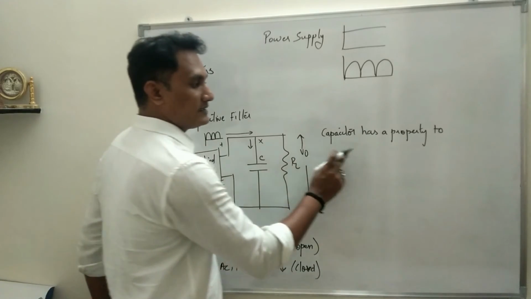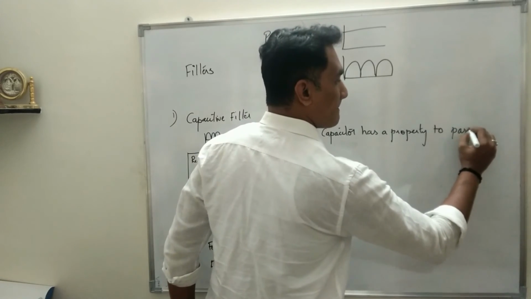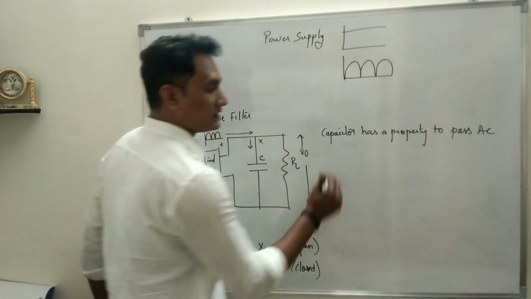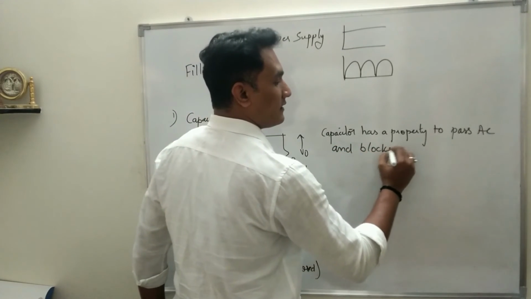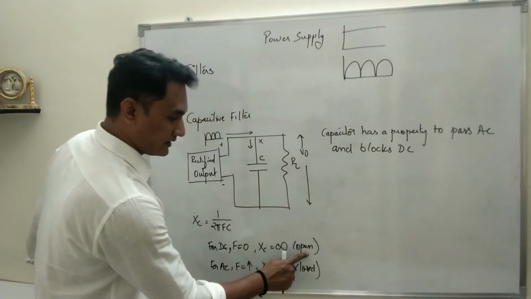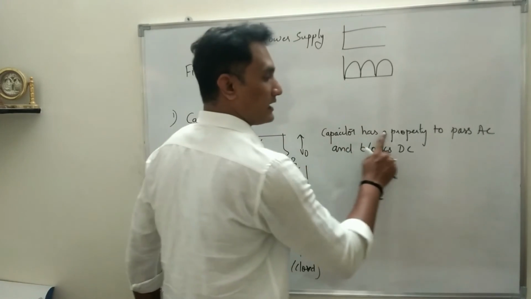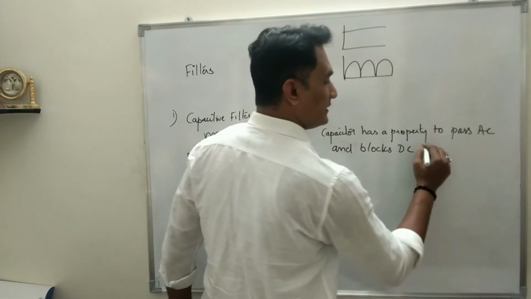So the capacitor has a property to pass AC. For an AC signal it is acting as a closed switch and blocks DC. It acts as an open circuit, infinite resistance for a DC signal. So the capacitor has a property to pass AC and block DC.